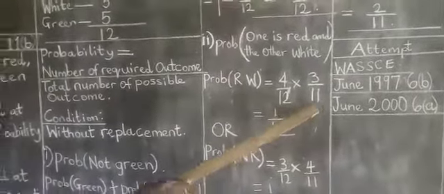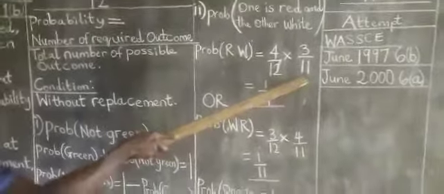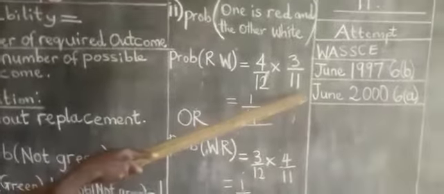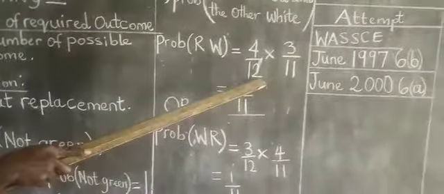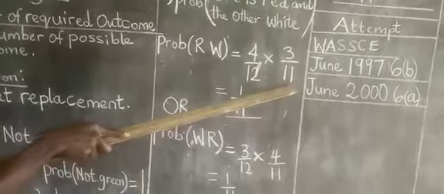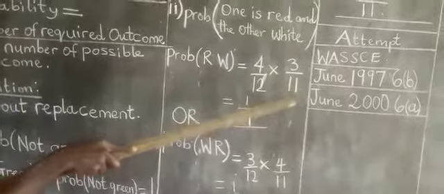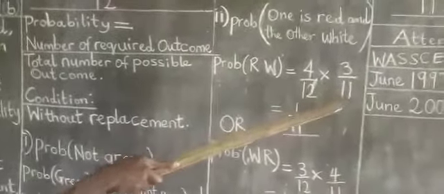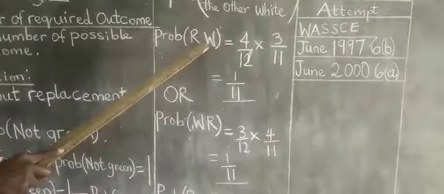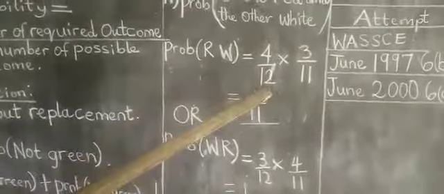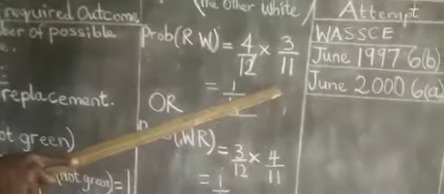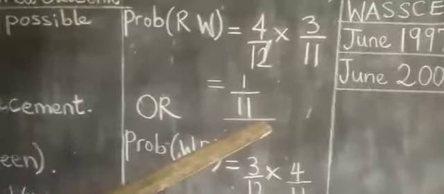Why? It reduces simply because it is without replacement. If it were with replacement, then this would have been 12 and this would have been 12 as well. But because it is without replacement, this has to reduce. So probability red, white is 4 over 12 times 3 over 11. When we are careful with that, we get 1 over 11.